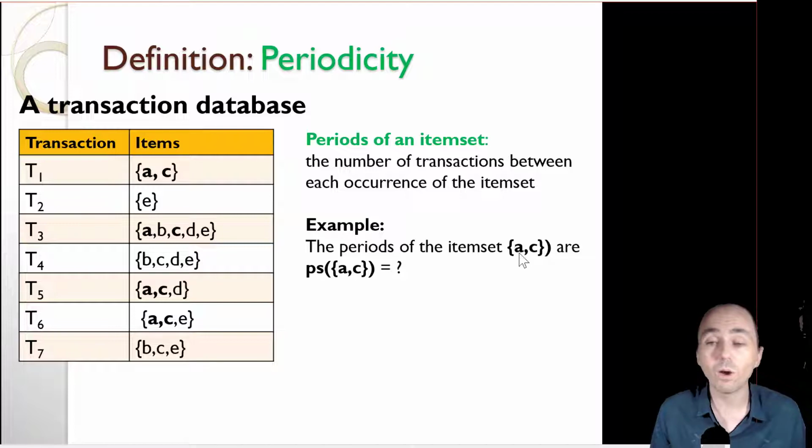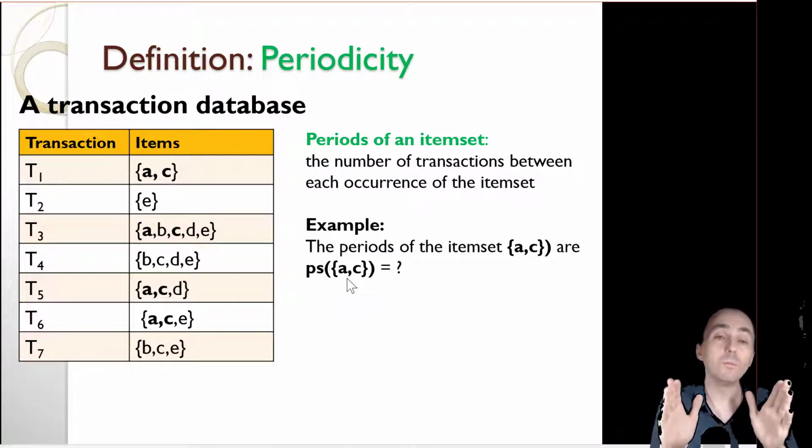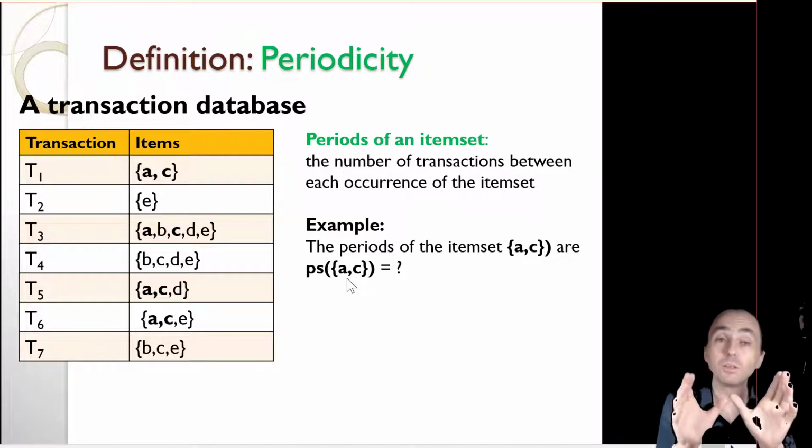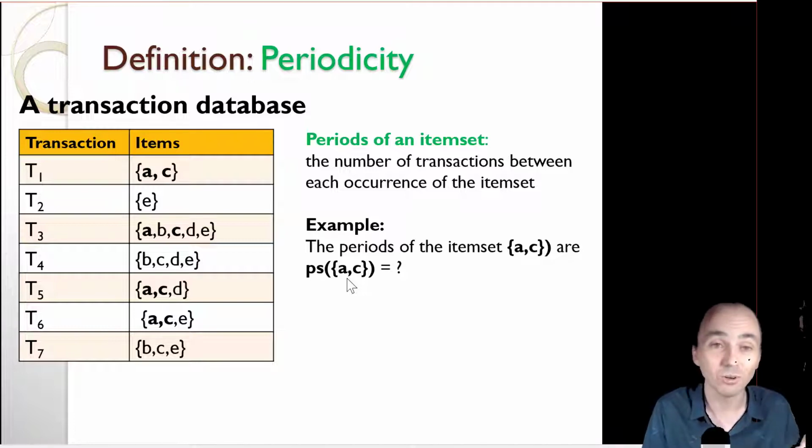Okay, we want to find what are the periods of AC. We call this PS of AC. So PS of AC will be the periods of AC. That means the gap between each occurrence of AC. Okay, so let's have a look how to calculate.